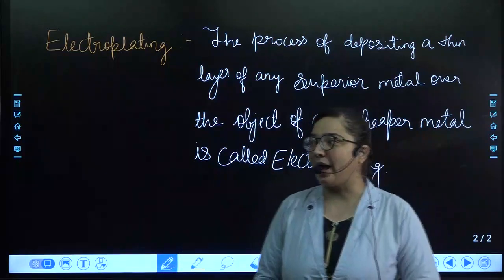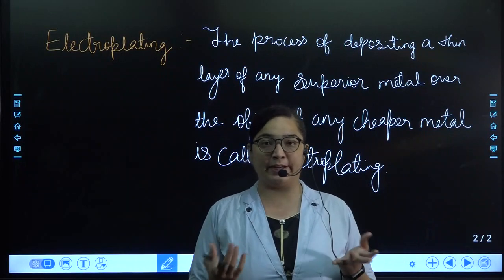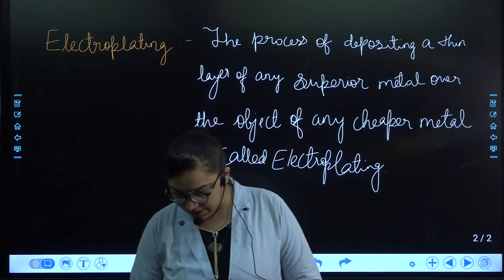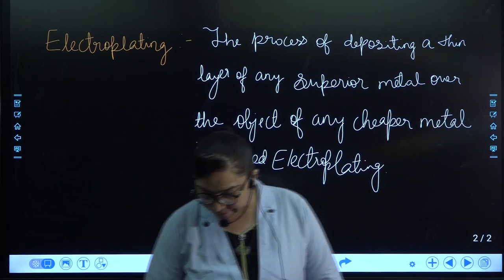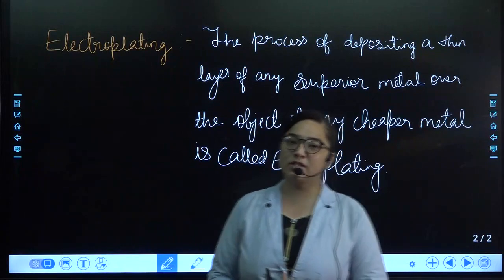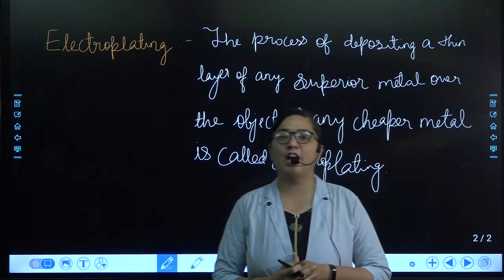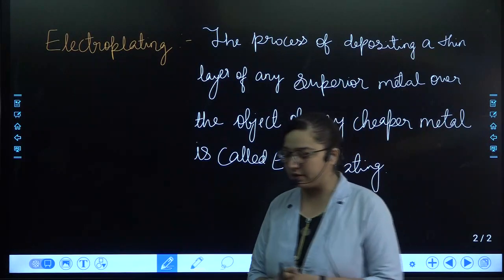Generally, gold and silver are used for electroplating on jewelry, and other metals like chromium are used in all the car parts, cycle parts. So this is what we have already discussed. In today's session, we are going to discuss the process of electroplating.